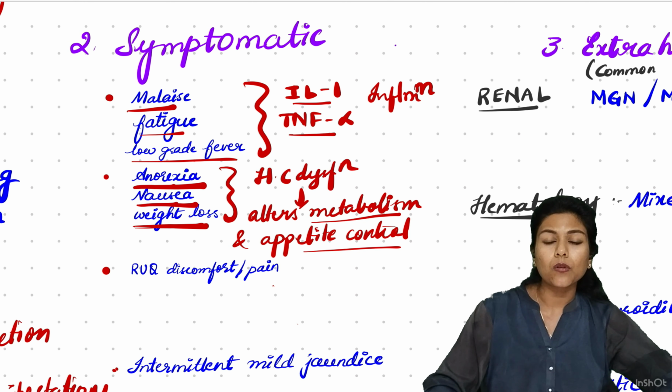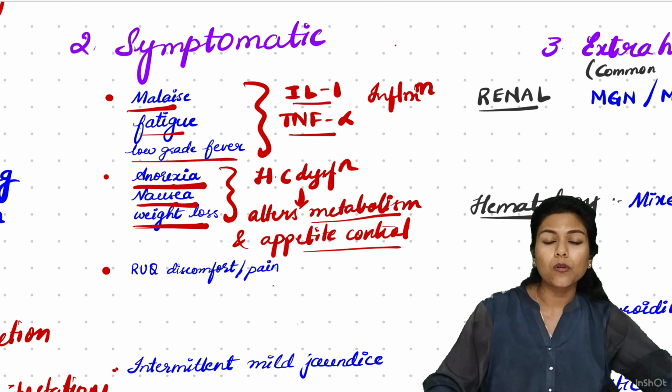And there is right upper quadrant discomfort and pain. It is because of hepatomegaly. In chronic viral hepatitis, as we have discussed in the gross features, there is enlargement of the liver because of hepatocellular swelling. So, liver enlargement, hepatomegaly, will lead to stretching of the outer capsule. What is the outer capsule?